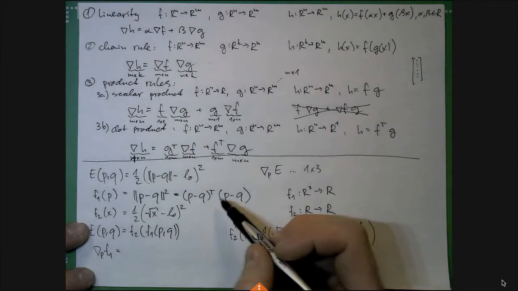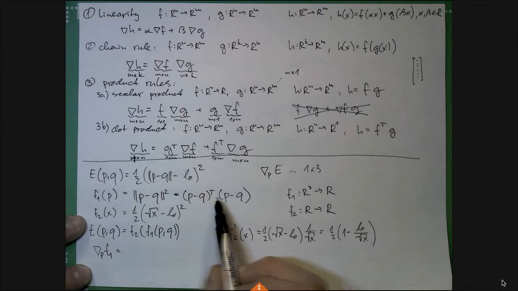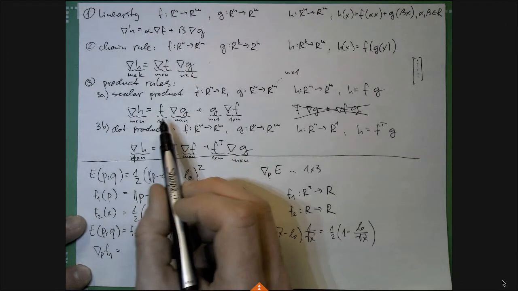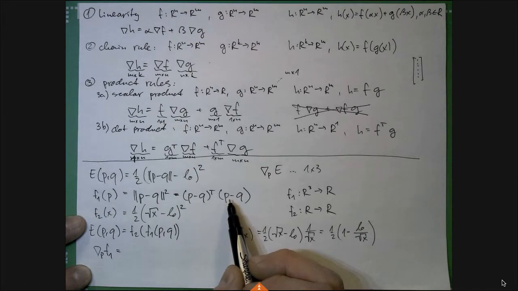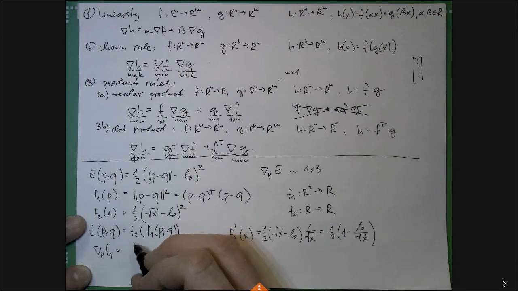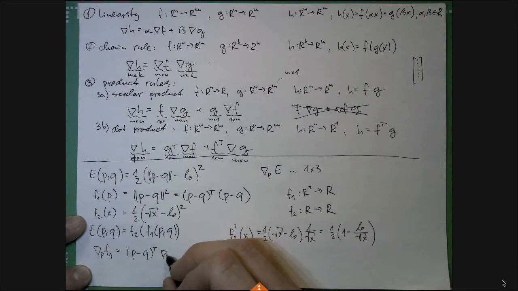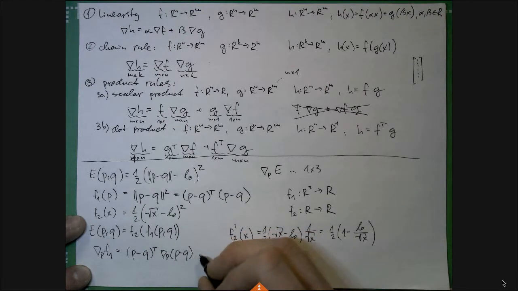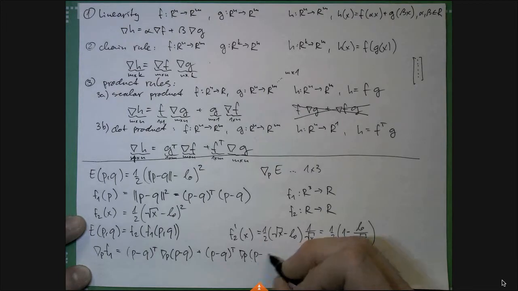This is the dot product of two functions, p minus q. They are both the same, so it doesn't make a difference if it's f or g. In both cases, it will be p minus q transpose times the gradient of p minus q. And the second thing will be exactly the same: p minus q transpose again, times the gradient of p minus q.